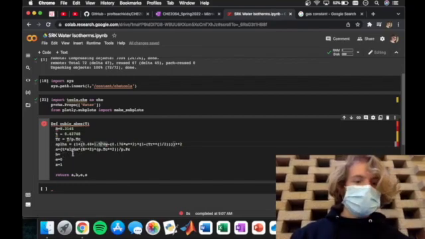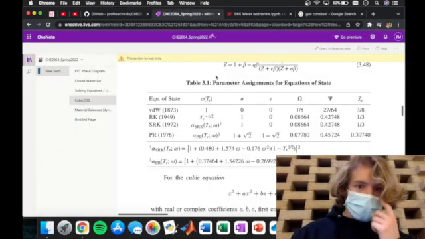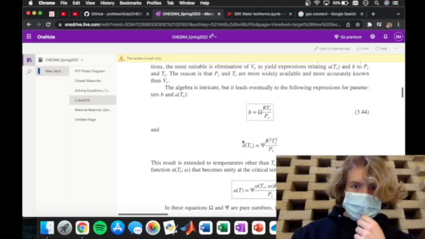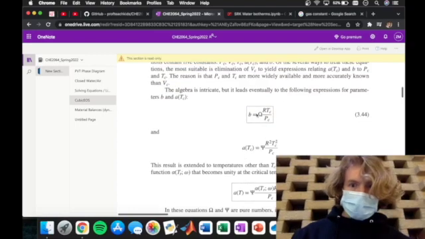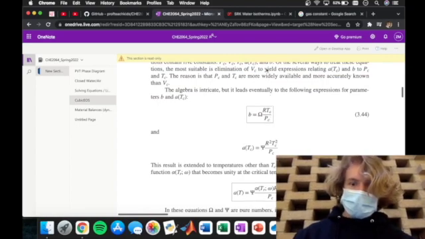Now all we have to do is go back through and do our B equation, and then this function will be all good to go. So let's take a look over here at our B equation. So B is equal to this little horseshoe symbol times R times the critical temperature over the critical pressure.